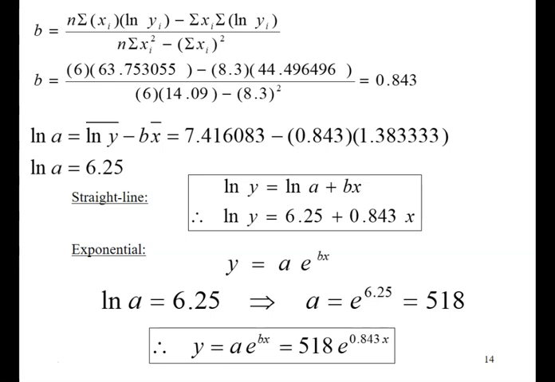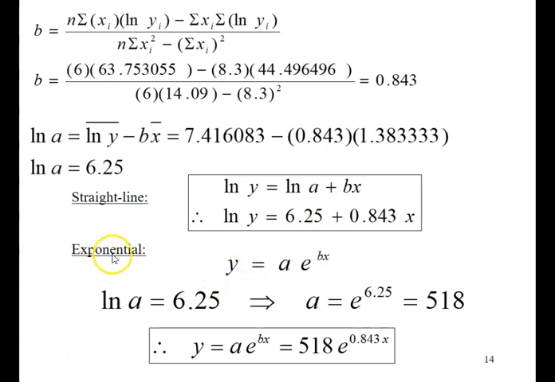But let's say you also need to represent your final answer in the exponential form, not the linear form. So you need to transform back into the exponential version.